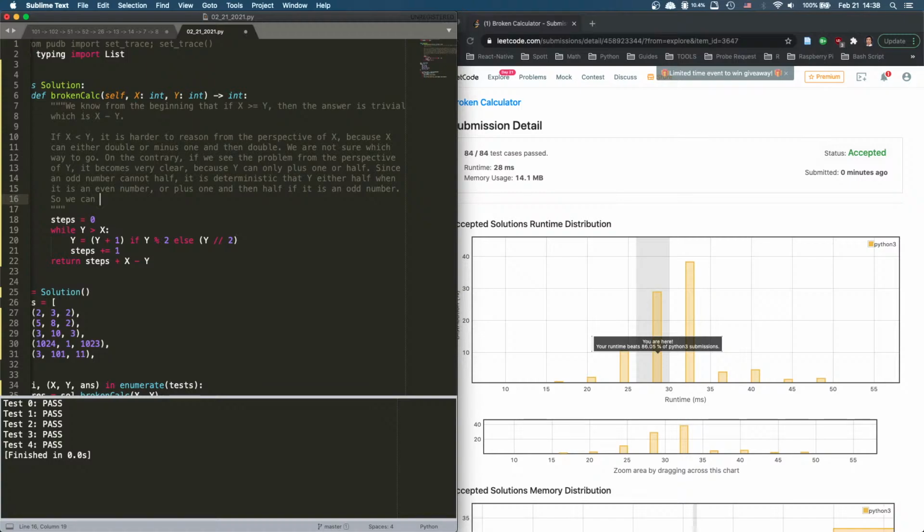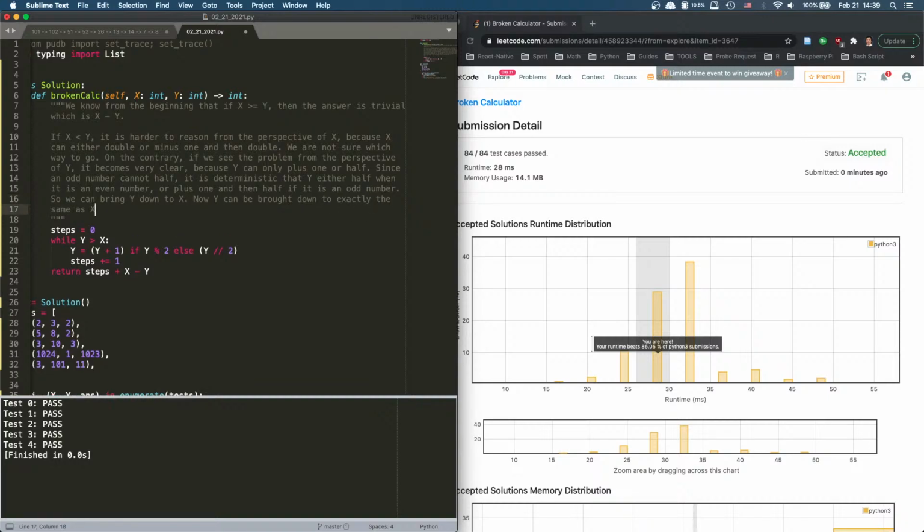So we can bring y down to x. Now, y can be brought down to exactly the same as x, and we're done.